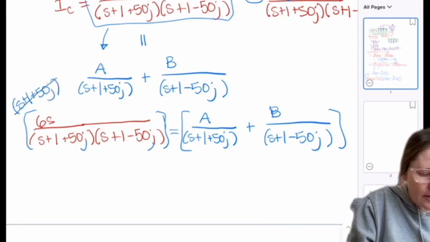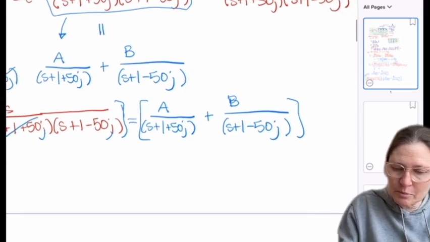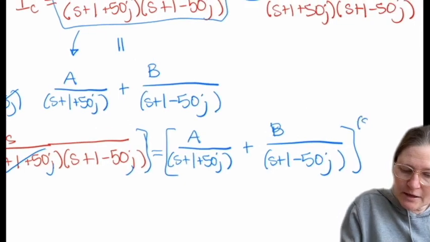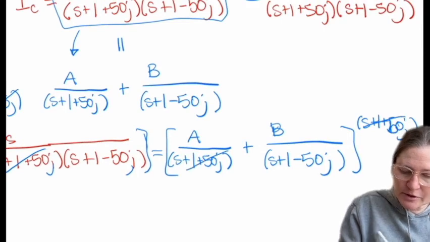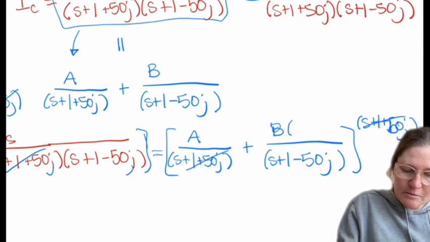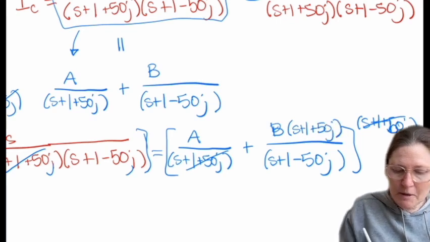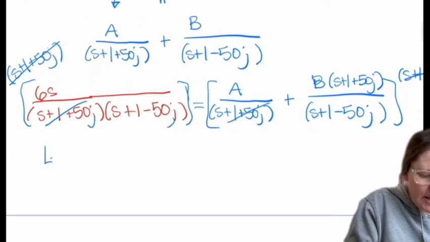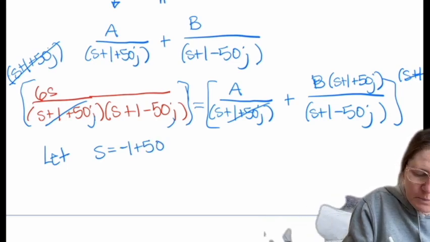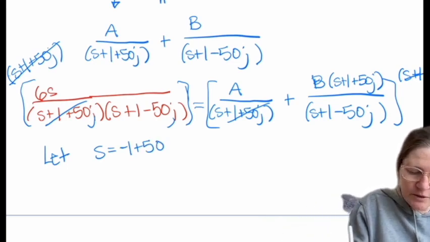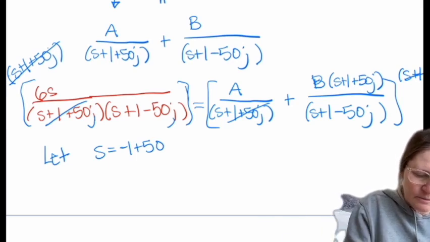That's going to get rid of the denominator on this side, and on the other side it makes the B term go away, leaving A times s plus 1 plus 50j on the right. Then if we let s equal minus 1 minus 50j.